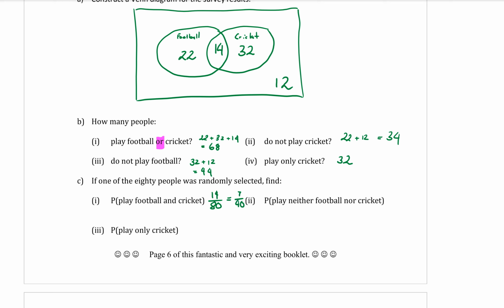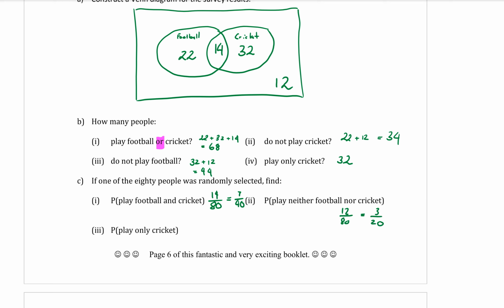Okay, part 2. P for probability, that they play neither football nor cricket. They don't play either. So these people play the sports, right? These are the people who don't play either. 12 out of the 80, and don't forget to simplify it down.